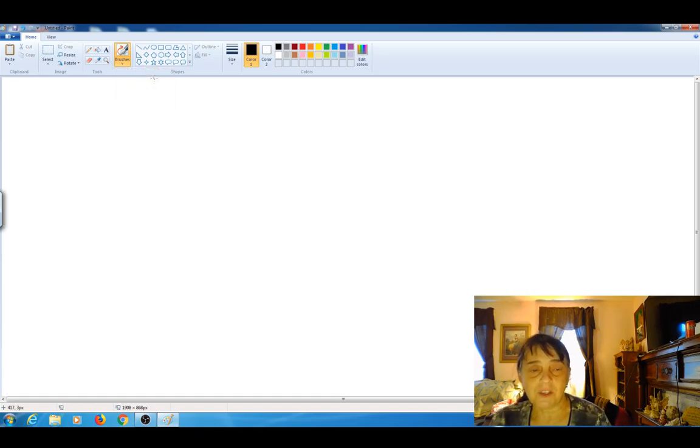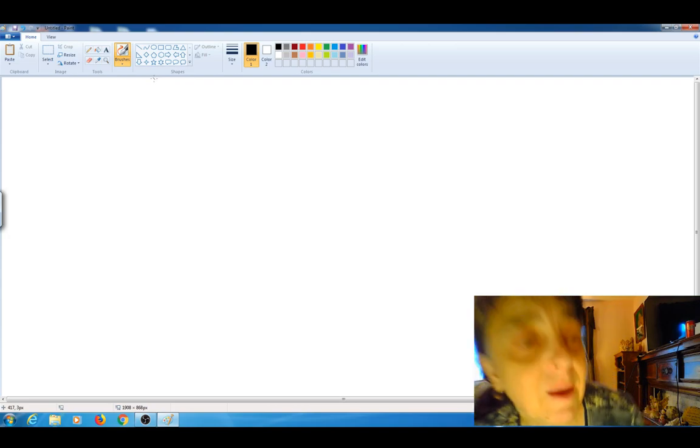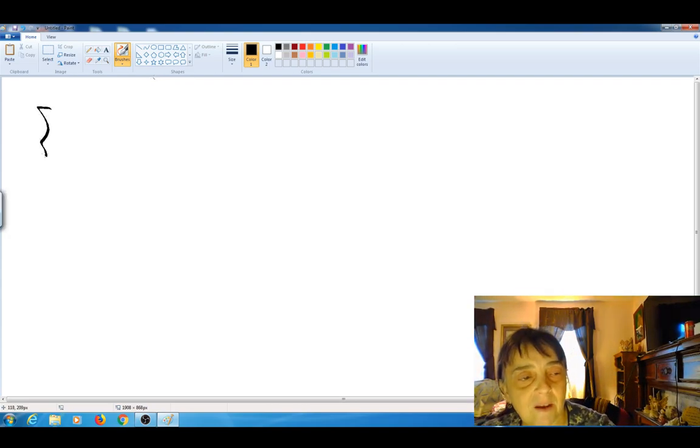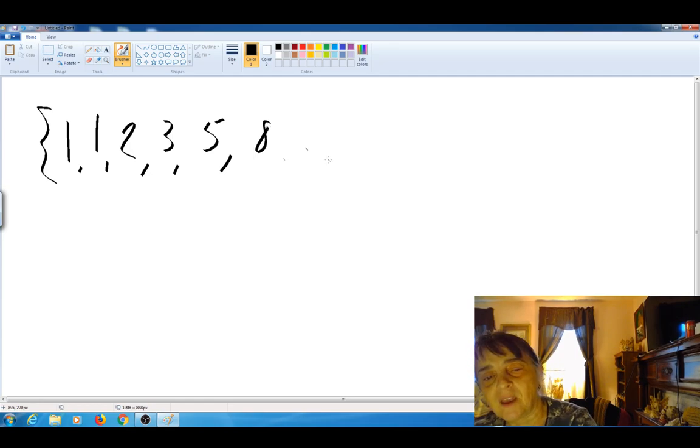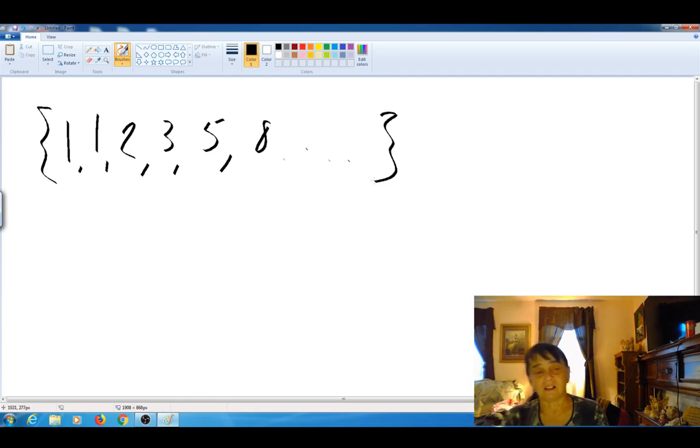Okay, so also there's other kinds of sequences. We could have sequences of numbers like 1, 1, 2, 3, 5, 8. And we've talked about this in class. If you notice, you add the previous two terms together to get the next number. 1 and 1's 2, 2 and 1's 3, 3 and 2's 5, 5 and 3's 8.